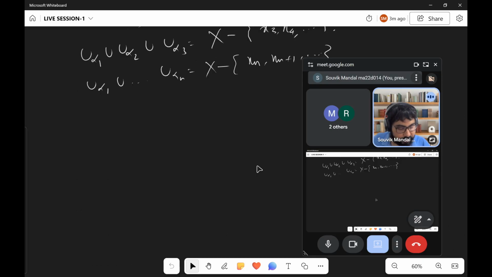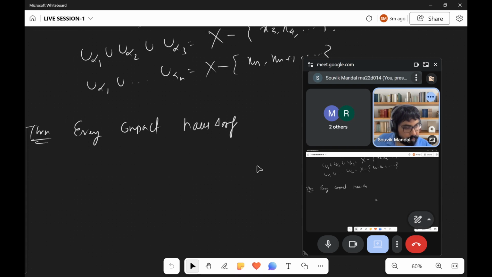So the next question is, not a question, it's basically a theorem, but it's a question also. Every compact Hausdorff space is closed. Sorry, let me write it properly: any compact subspace of a Hausdorff space must be closed.